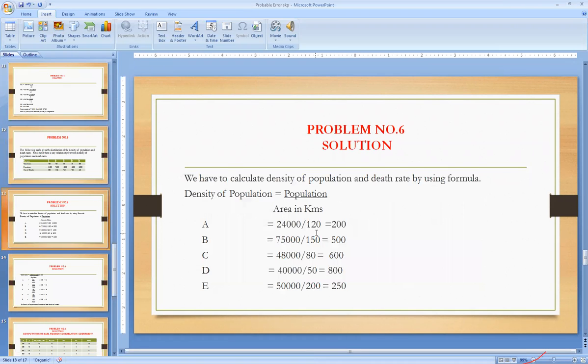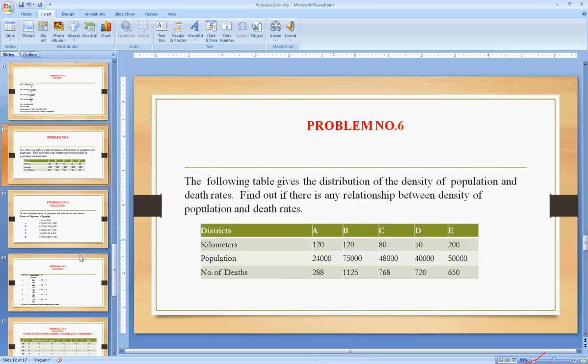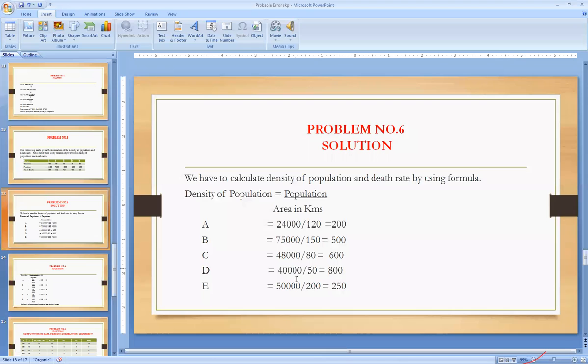Here 24,000 divided by 120 is 200. Then 75,000 by 150 is 500. Then 48,000 divided by 80 gives 600. 40,000 by 50 equals 800, and 50,000 by 200 is 250.